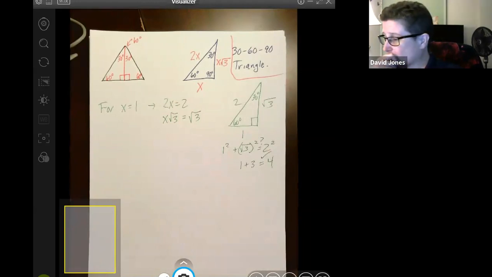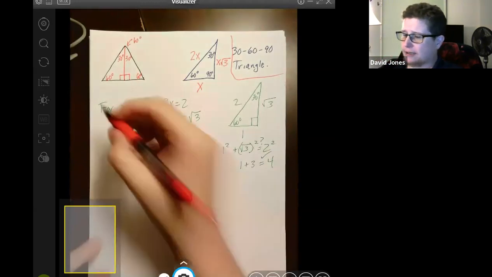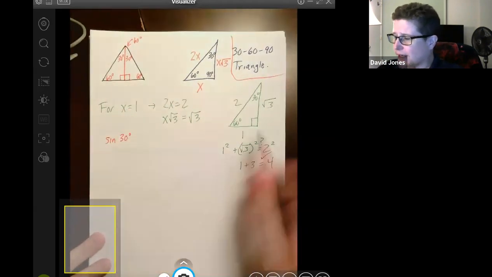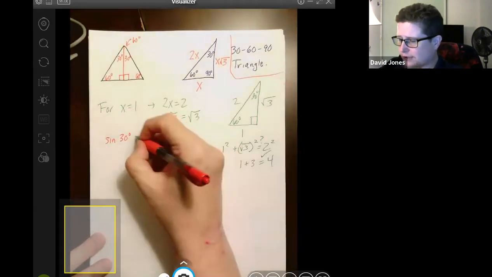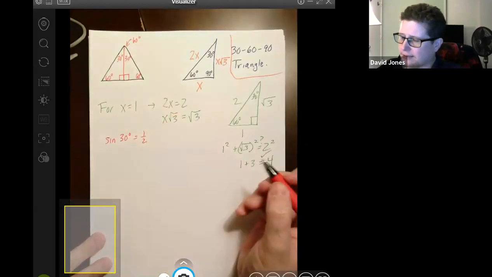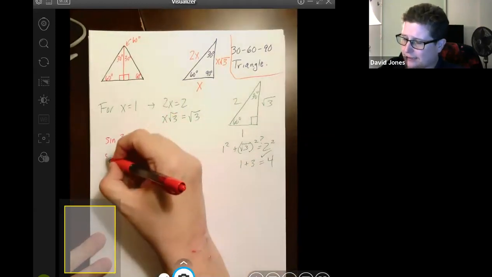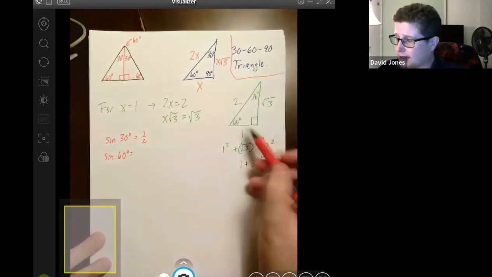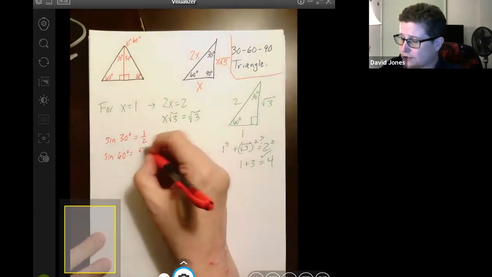It does work. So what does that tell us about sine of 30? Sine of 30 degrees is opposite over hypotenuse. Sine of 60 degrees is root 3 over 2.